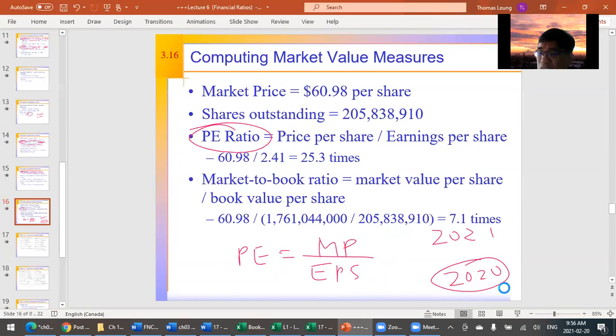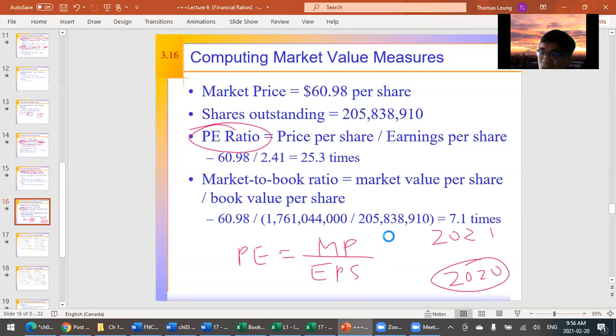Which is the old income statement already, right? But you have no choice, because those income statements only come out once a year. If you want a new one, you need to wait until the end of the year 2021. Otherwise, if you want to calculate the PE ratio now, the best you can do is to find the latest one, which is last year's income statement, and calculate last year's earnings per share.